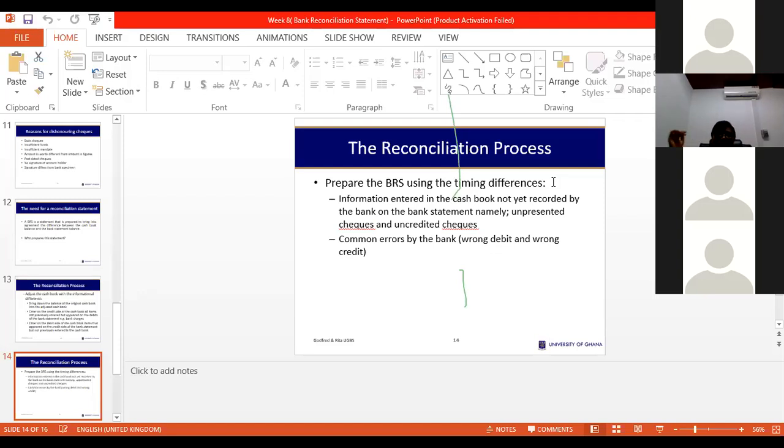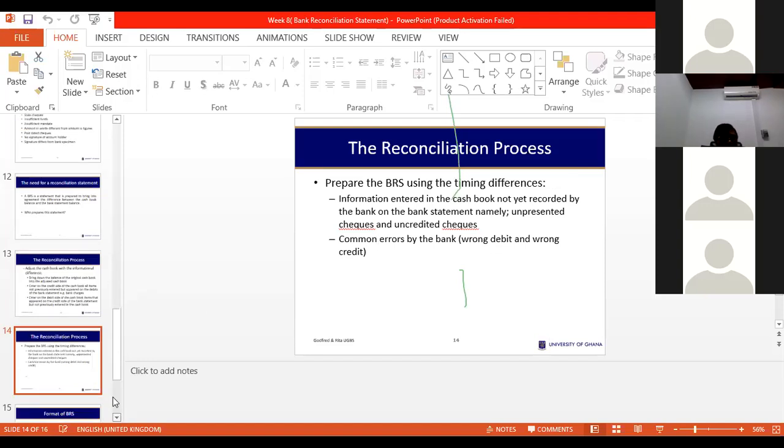So these are items in the cash book that are not on the bank statement. Okay, and those are timing differences. Items in the cash book and not on the bank statement. And then the errors which are on the bank statement and not in the cash book. Okay, so we use that to prepare the reconciliation statement.